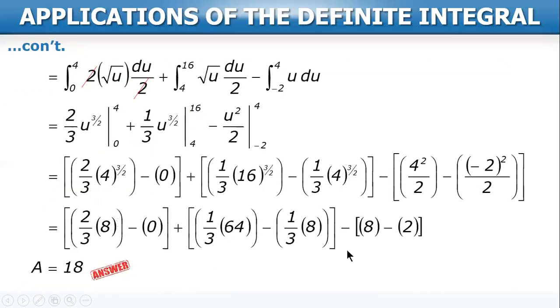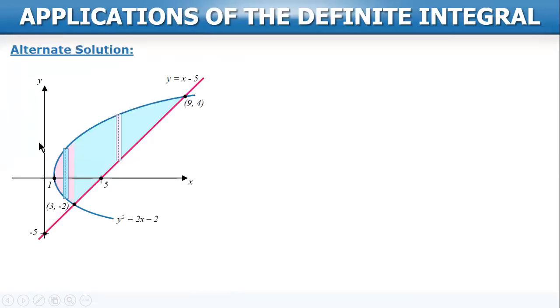Now the alternate solution is this. Instead of analyzing vertical rectangles, let's consider a horizontal rectangle. Because if you consider a horizontal rectangle, the graph at the right is a line and the graph at the left is a parabola from top to bottom.